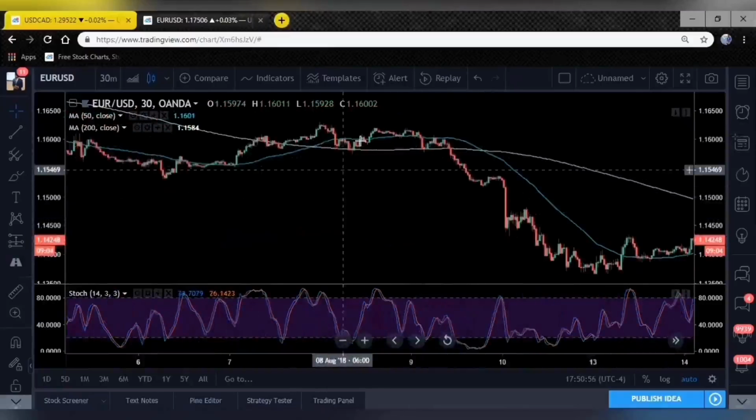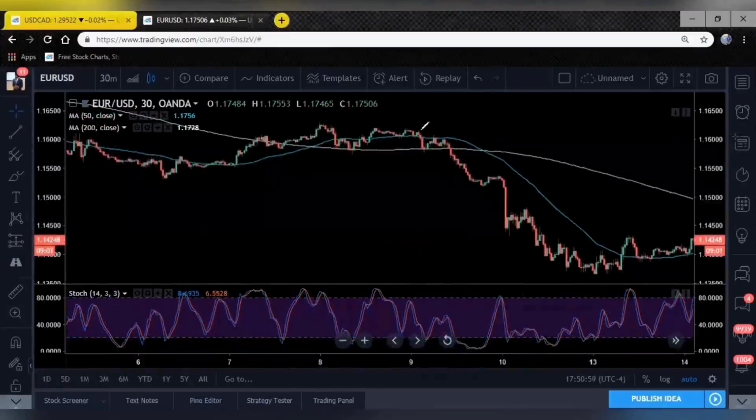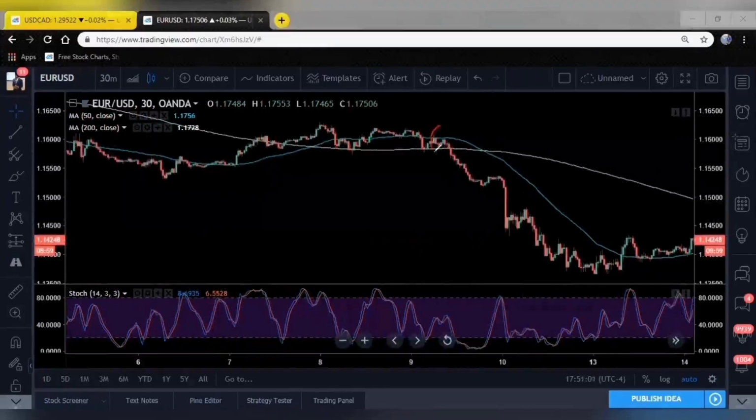For example, here we notice that the 50 moving average crossed the 200 moving average, which caused a bearish downtrend momentum on this particular move. The crossing is an indication that price will continue going that direction long term.